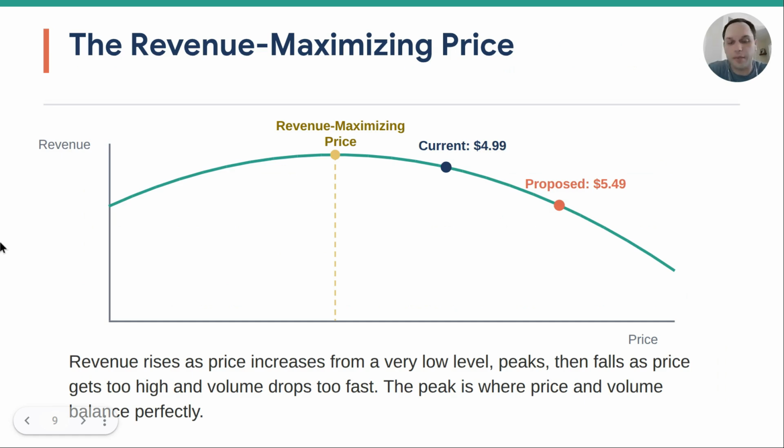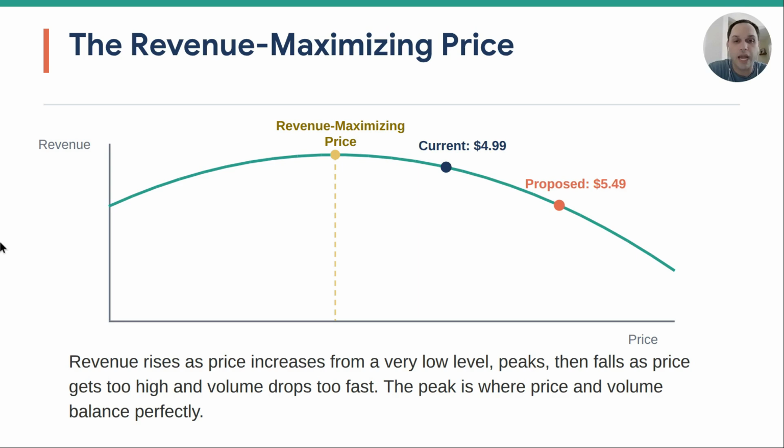Here's the visual that makes this click. When you plot revenue, price times volume, across a range of prices from very low to very high, you get an inverted U shape. At very low prices, revenue is low because even though lots of people buy, you're earning almost nothing per unit. As the price rises, revenue climbs because the per unit gain outweighs the volume loss. At some point the curve peaks.